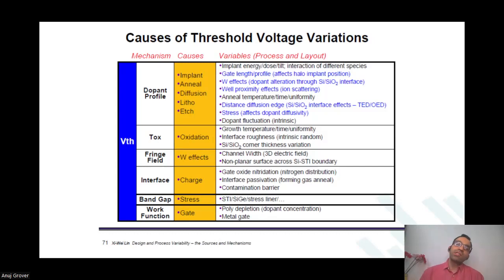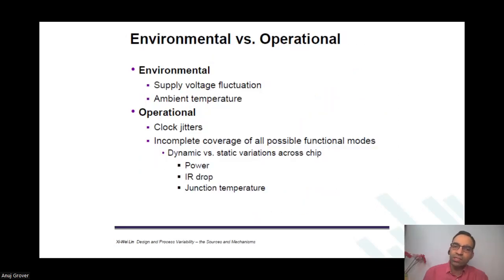Now, in terms of VT variations, there are multiple reasons why VT variations could happen. We talked about dopants, interface roughness, line edge roughness, and so on. But there are other variations also: there could be band gap variation, work function variation, and so on.